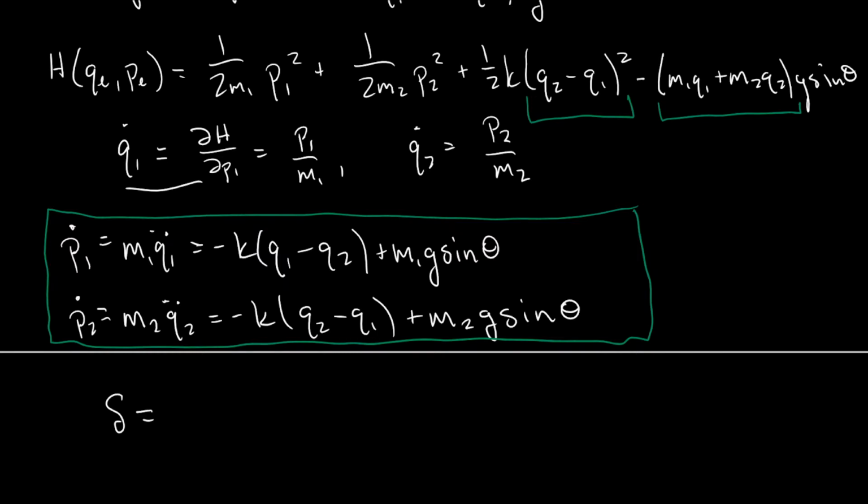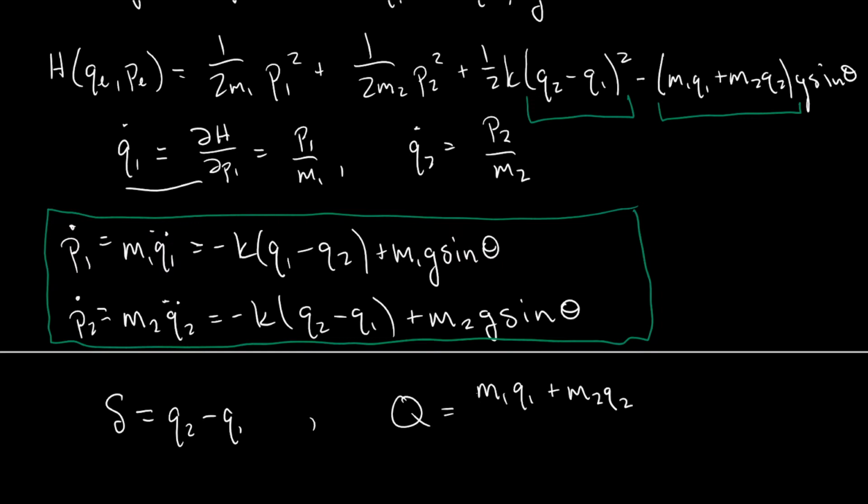One I'll call delta, reminiscent of what we did when we were talking about harmonic oscillators. And then another one I'll call capital Q. I'm going to define capital Q in a little bit of a weird way, and I'm just going to do it so that it still has the same units as the little q's. So we want the m1 q1 plus m2 q2.